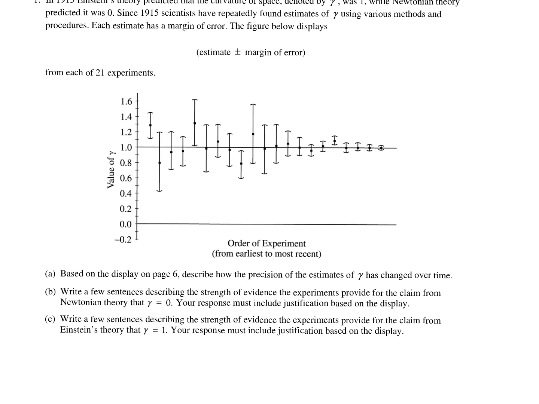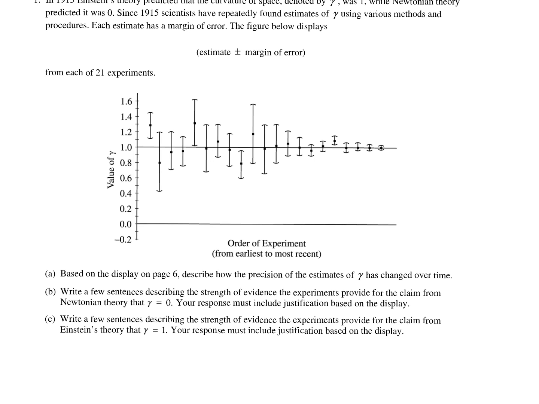And then write a few sentences describing the strength of evidence the experiments provide for the claim from Einstein's theory that gamma equals 1. What do we think? Yeah, almost all of the intervals. Do some of the intervals miss the mark? Yeah, some of them miss the mark. 1, 2, 4 of the intervals actually miss the estimate, 4 out of the 21.